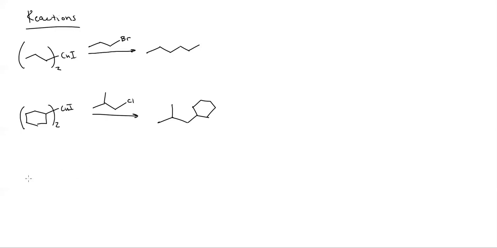And I can also start off with an alkyl halide. Let's say I start off with this alkyl halide, and I can add in my 2 equivalents of lithium. And then as a second step, I can add in CuI.